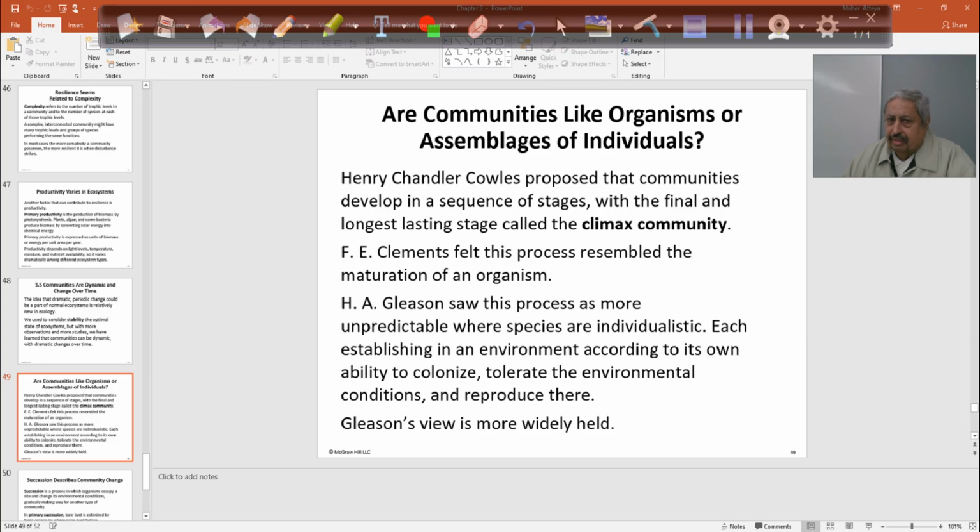They look at the whole thing. You can visualize the community. It looks, by behavior and everything, like an organism together. And is it an assemblage of individuals?